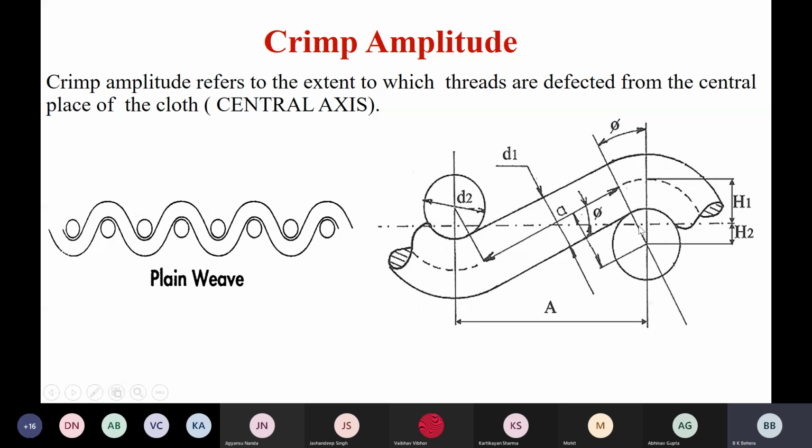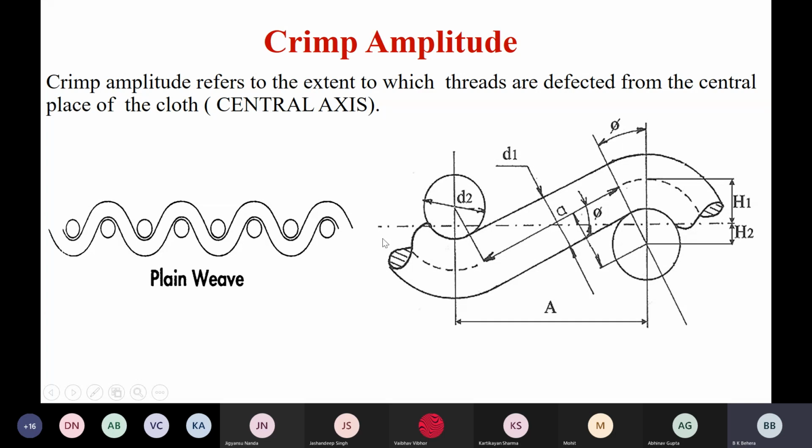Amplitude means the distance from the central axis of the fabric. Look, this dotted line is the central axis of the fabric. From here, what is the amplitude? This distance. And similarly in weft, what is the amplitude from here to here? For the weft, the amplitude is h2; for the warp, the amplitude is h1.